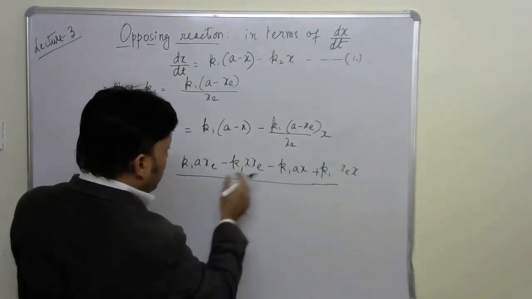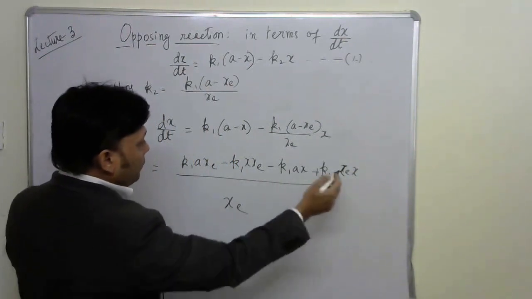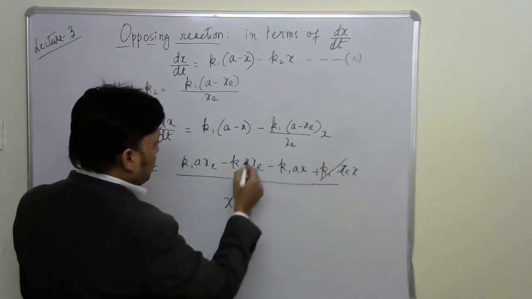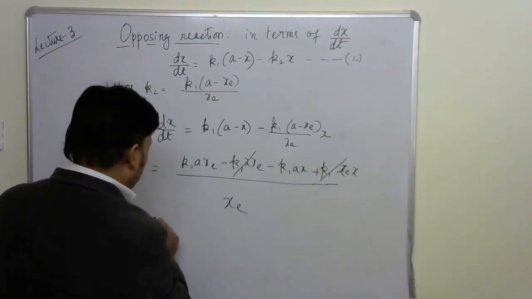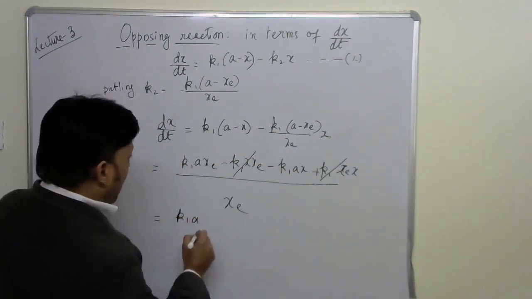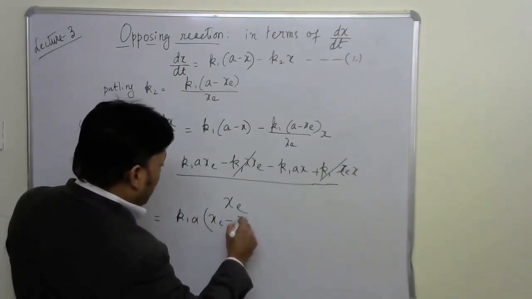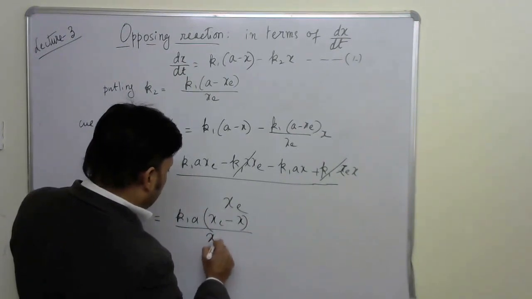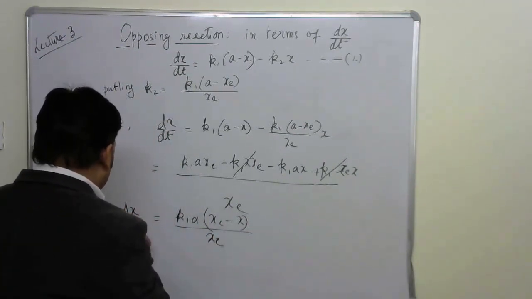So if we look at that, we have these two terms cancelling out, plus and minus. Therefore, we are left with this equation. So k1 a, I'm going to take this common, (xe − x) divided by xe, and that is basically my dx/dt.